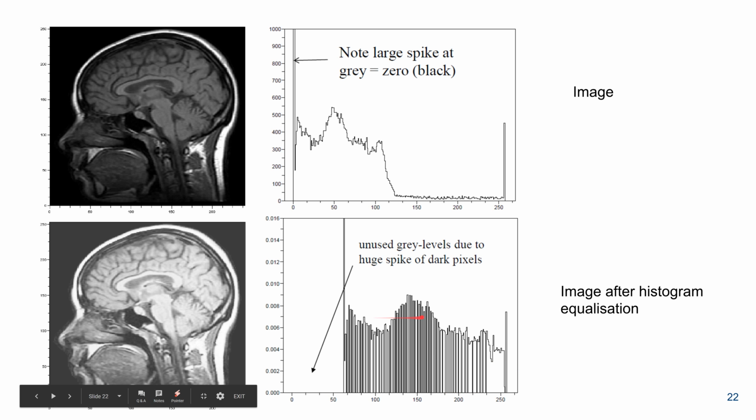You'll notice that it's not completely flat, but it's much better than this type of histogram. And if we look at the image when we perform histogram equalization on it, we get an image like this, which is clearly, well, I can assure you, a higher contrast image than this, which is quite dark.